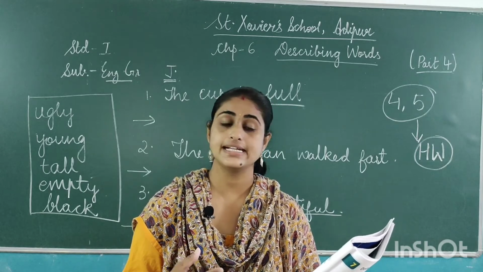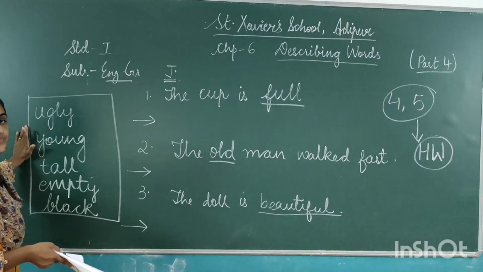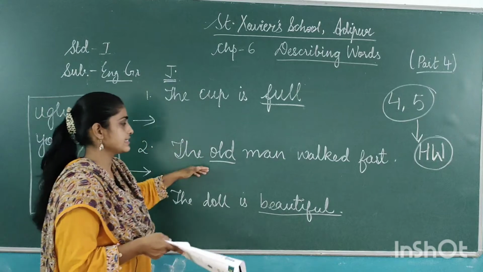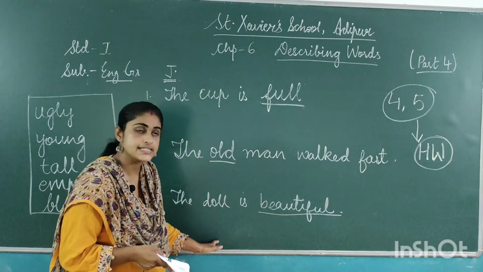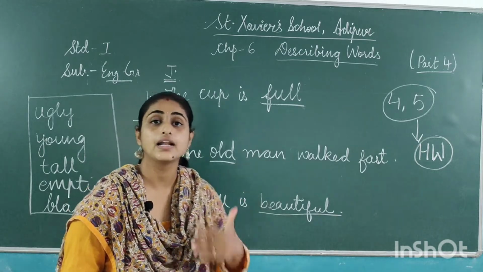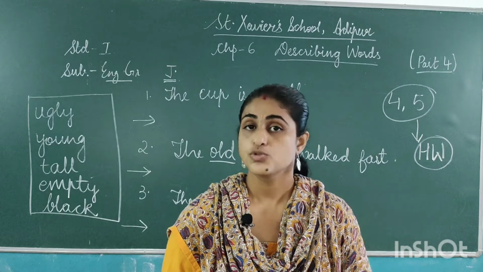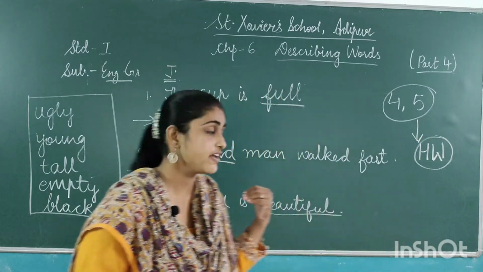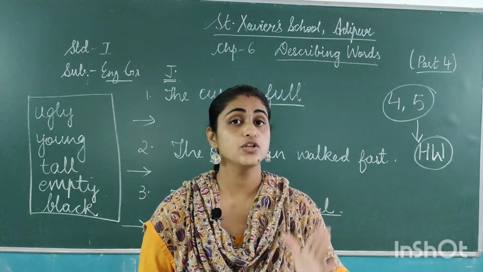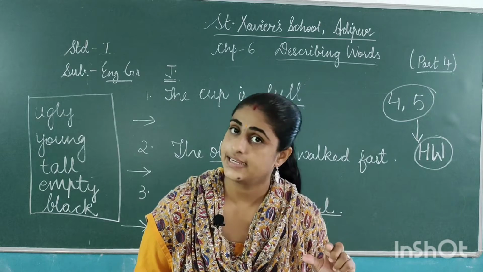Then rewrite the sentence in the given space. You can see a box is given and in that some of the words are written. Here you can see some of the sentences are written in which you can see the underlined words. Now those are the describing words. Just as we wrote opposites in the first exercise, in this exercise too you have to write the opposite word, but here you don't just have to write the words, you have to complete the sentence.